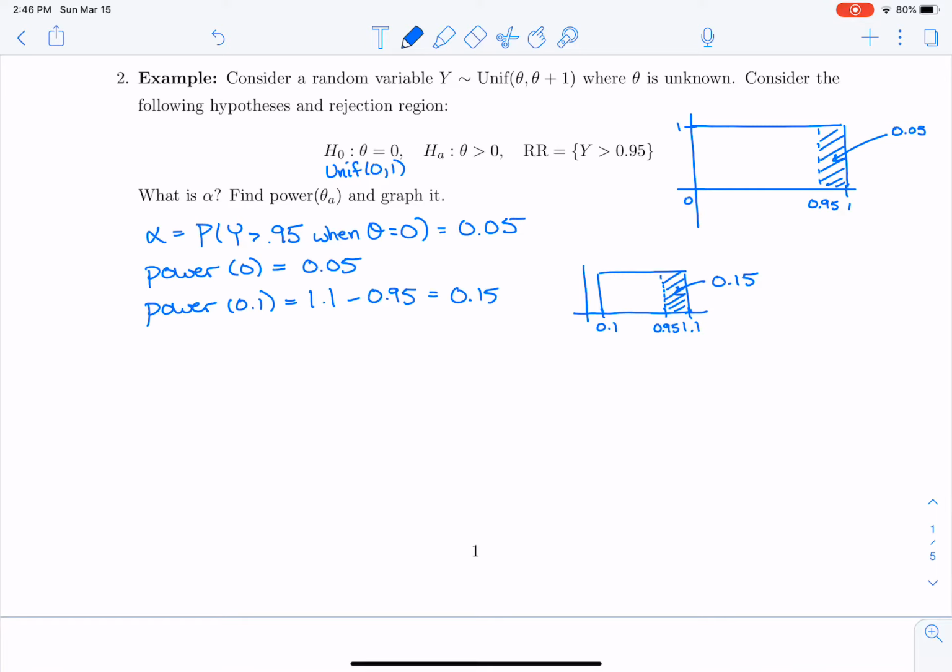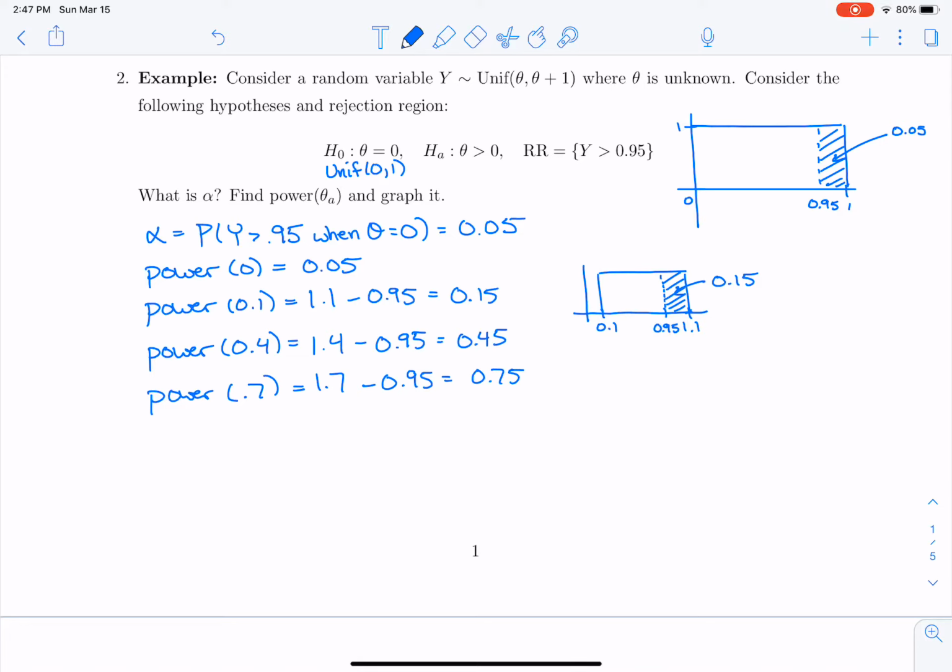From this, we can use the same ideas to calculate other values of power for other alternatives. So the power of 0.4, for example, would just be 1.4 minus 0.95, and that would be 0.45. Or the power of 0.7 would be 1.7 minus 0.95, and that would be 0.75.